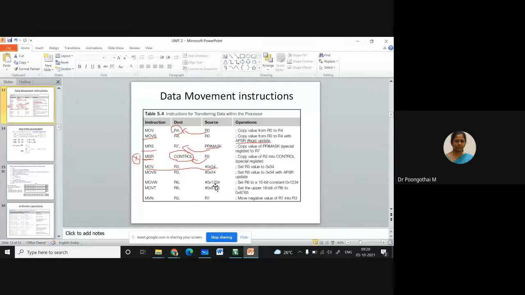Okay. Roll number 60. What is the purpose of move top? Roll number 60. What's her name? Sweta. Ma'am? Yes.